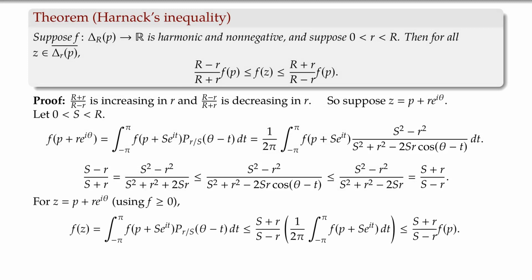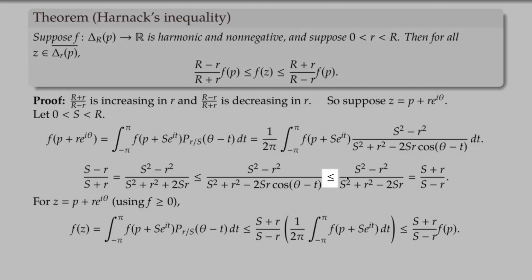So it's just basic inequalities. And this is where we're using non-negativity, because otherwise we wouldn't be able to compare these integrals, right? Let's say I'm looking at the top one over here.